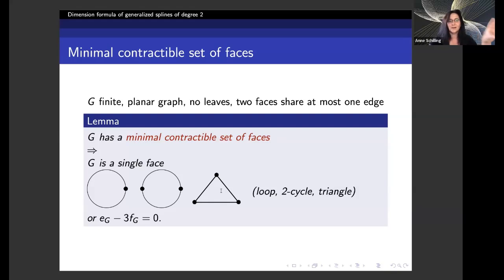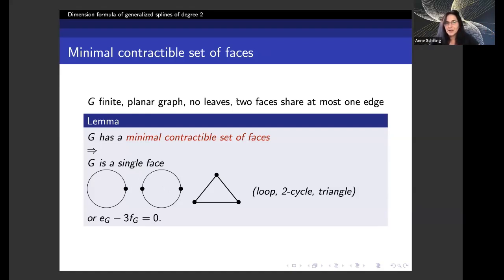You can see that in all three cases we have one face. In the first case, we have only one edge, so E minus 3 is minus 2. Here we have two edges, so 2 minus 3 is minus 1, and here 3 minus 3 is 0. So in all three cases, this face is contractible.